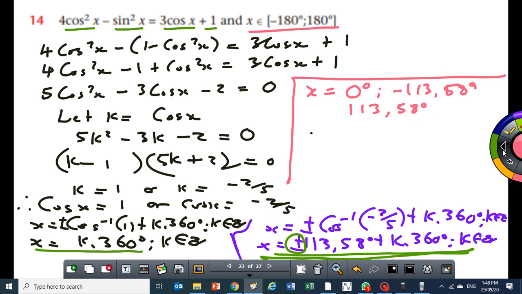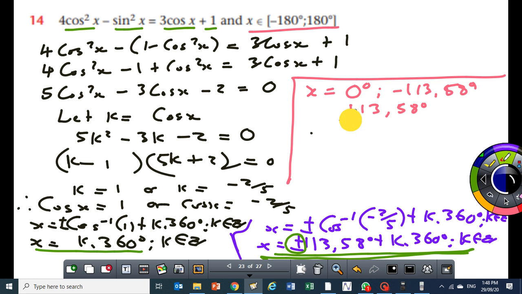Then if you substitute k equal to 1, you get a value which is outside, and k equal to minus 1, you get a value which is outside that interval. So it means that you only have 3 solutions, or 3 values of x here, because our interval is from minus 180 to 180 degrees. So that's how you do the problem.